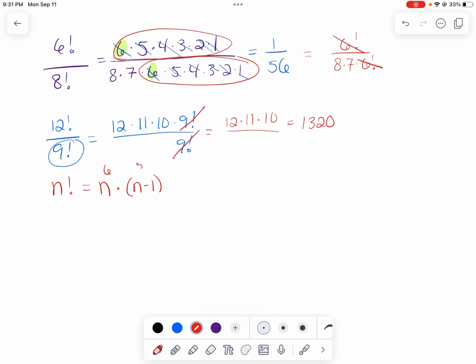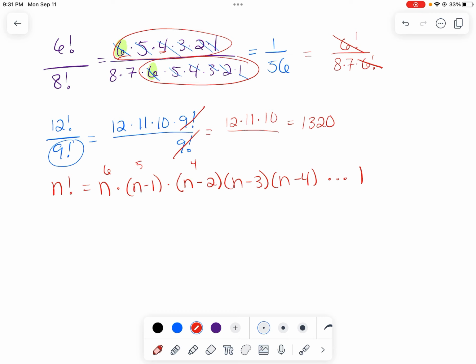If that was 6, then that's 5. The next value would be n minus 2, because if you start with 6, go 2 spaces down, you get to 4, so you're taking away 2. And then n minus 3, n minus 4, and so on.